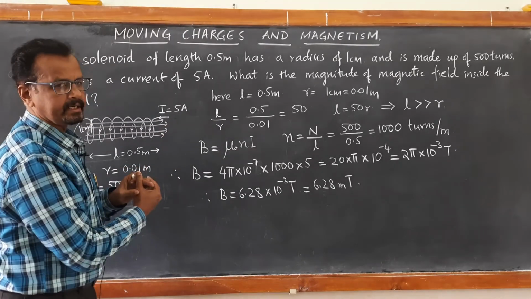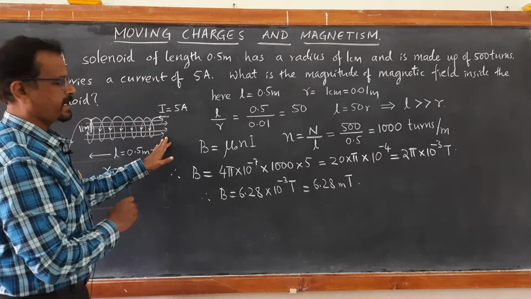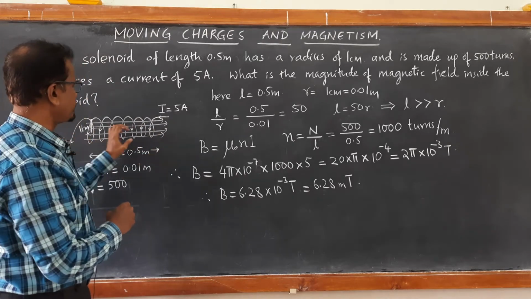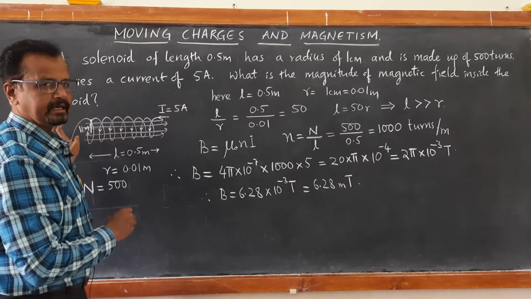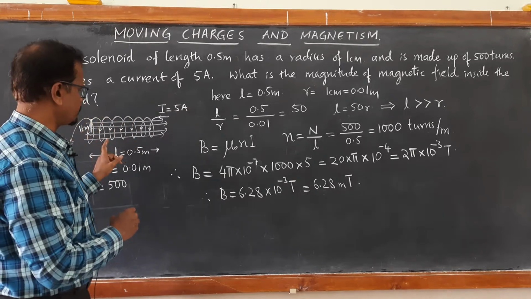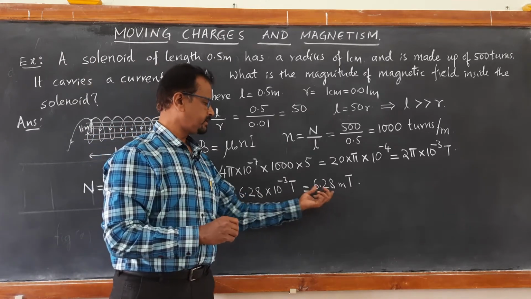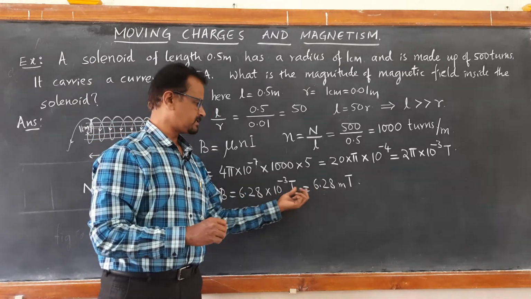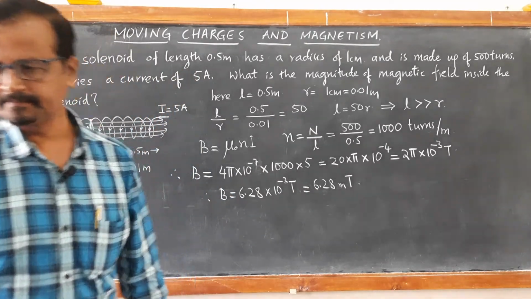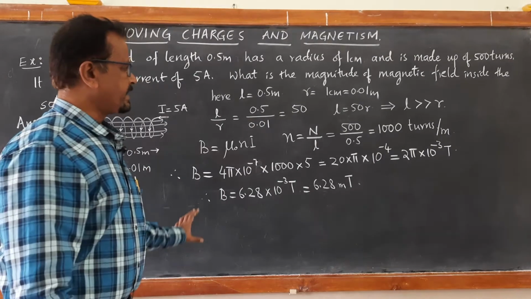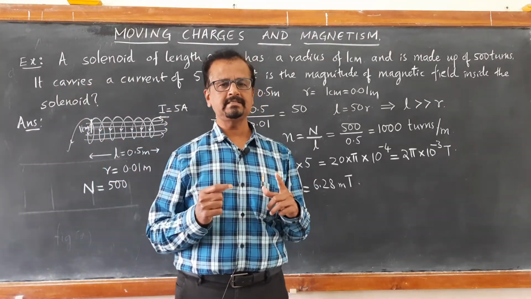One side acts as a north pole where the magnetic field lines are emerging out, the other side where the field lines are entering acts as a south pole. So the magnitude of magnetic field is 6.28 into 10 raised to minus 3 Tesla, which I have written as 6.28 millitesla. Okay. Now next we are going to learn a very important device called a toroid.